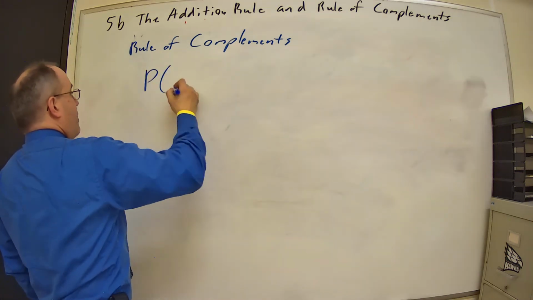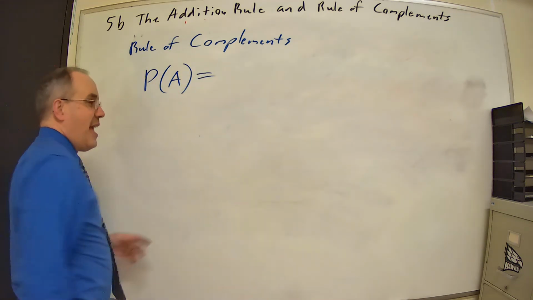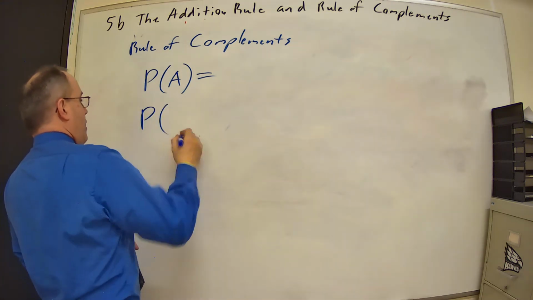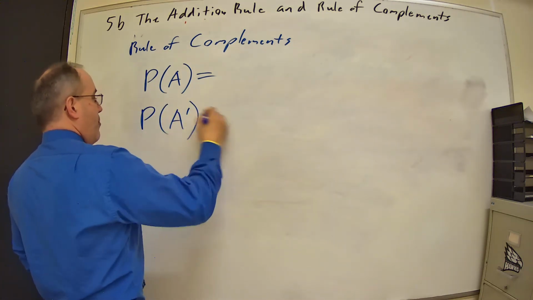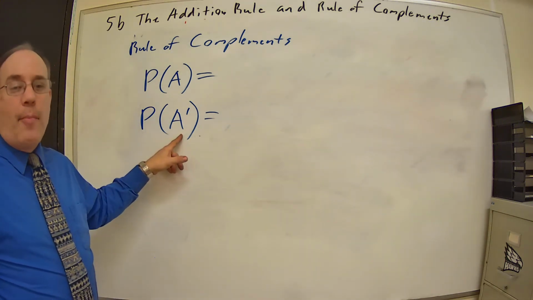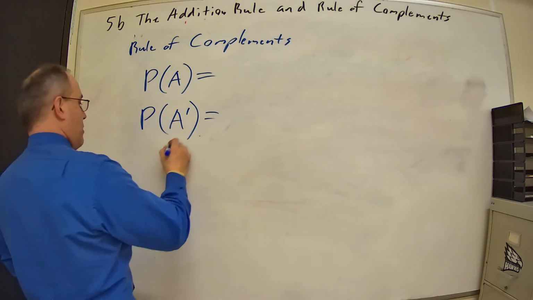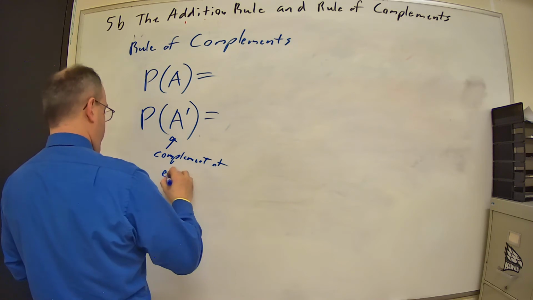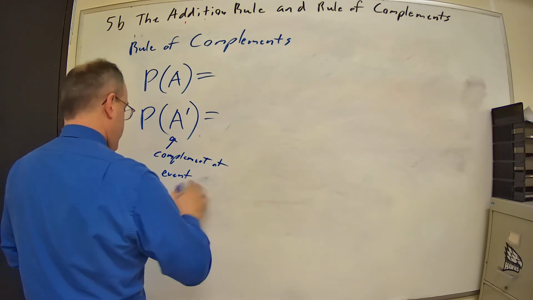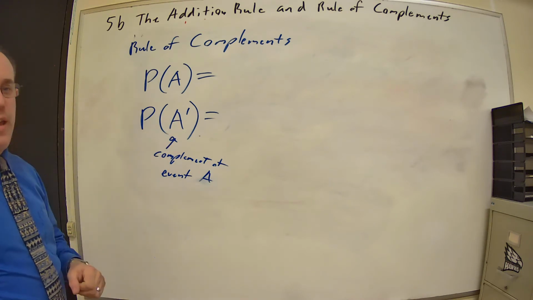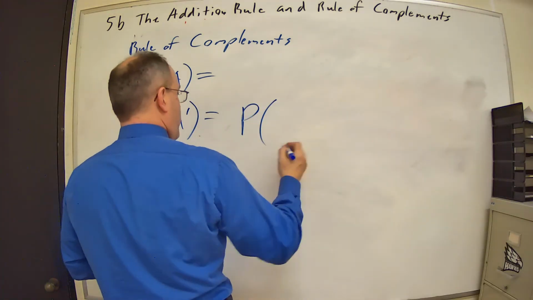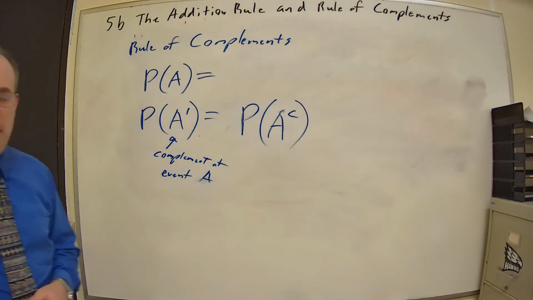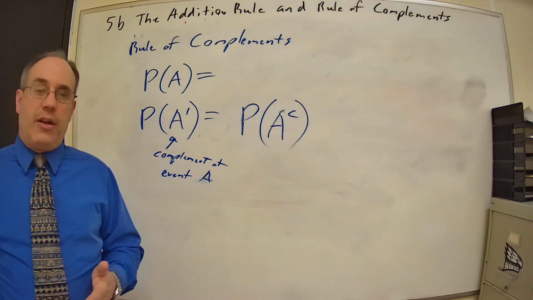So if I have the probability of event A occurring, event A is here. If I say the probability of A prime is the complement of event A, it could also be written as the probability of A to the C, where that is the complement of event A. And the complement is everything else.